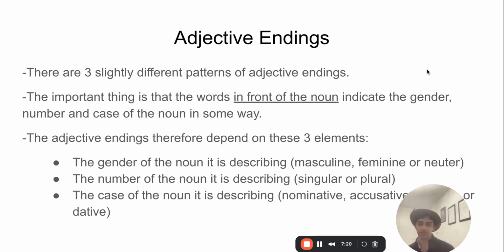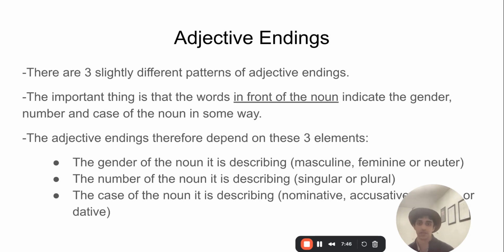In terms of adjective endings, this definitely tends to be one of the trickiest parts of German grammar because there are different patterns. In fact, three slightly different patterns of adjective endings. Those adjective endings change depending on what comes in front of the adjective. So if there is a definite article, the word for the, in front of the adjective, then there's one pattern.